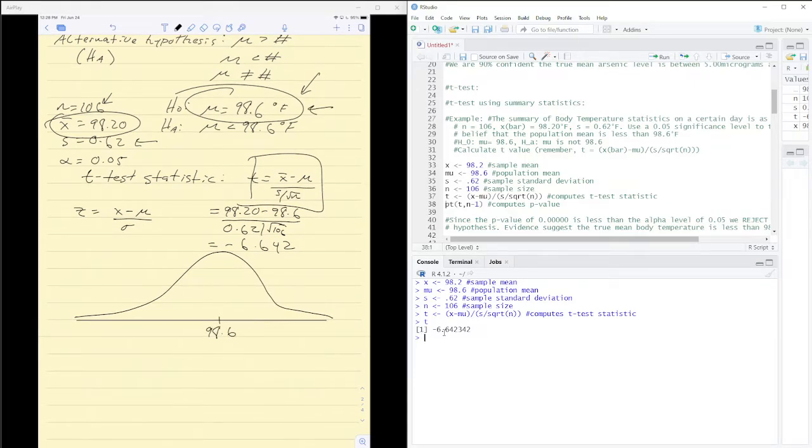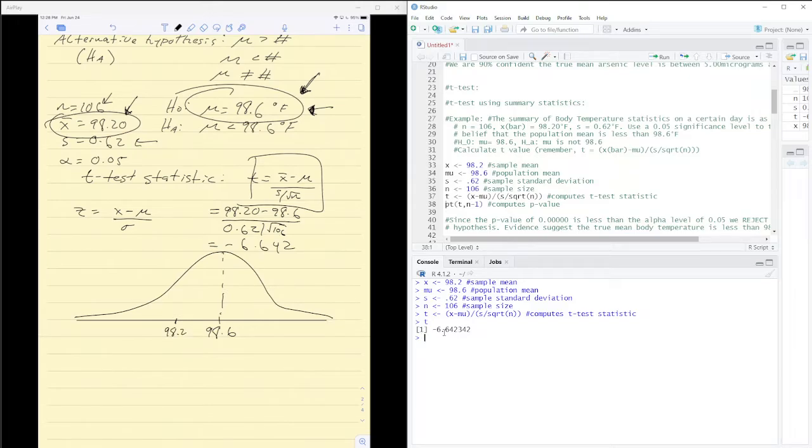Right? This is the initial assumption. We're assuming that the distribution has this mean, is what the null hypothesis is. It's our initial assumption about the population mean. So we're assuming that it's centered at 98.6. Our sample mean was 98.2. Okay, so 98.2 is somewhere over here, right?